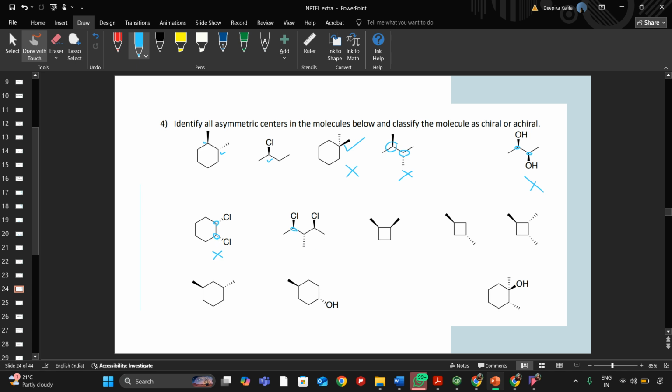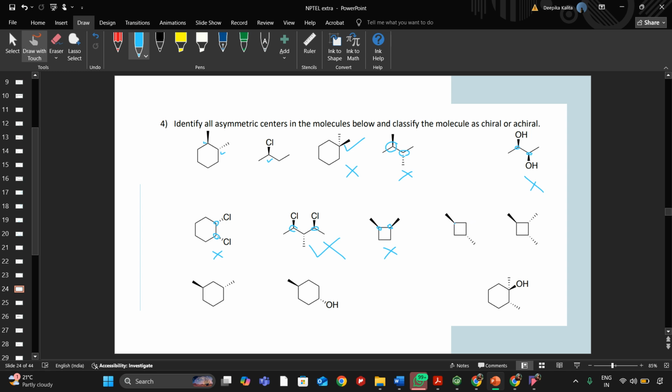This will have two asymmetric carbons, but it is also meso and it has a plane of symmetry. This one is also achiral since it is symmetric, although it has these two asymmetric carbons.